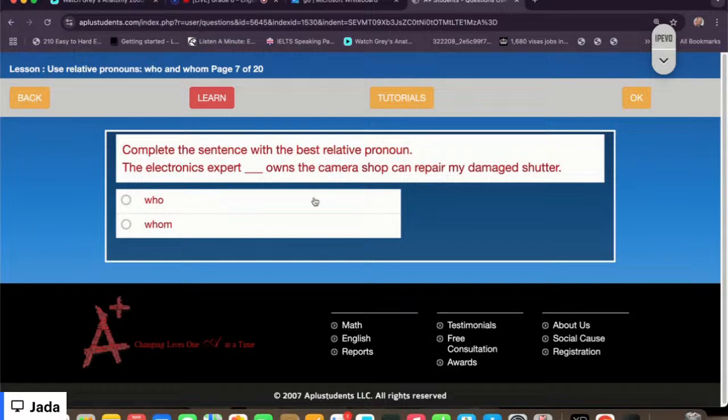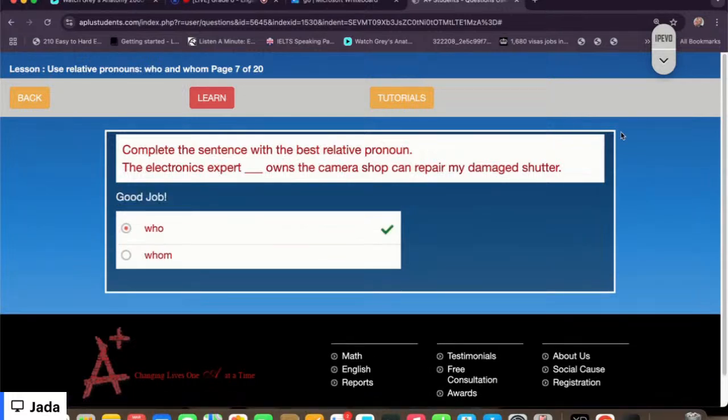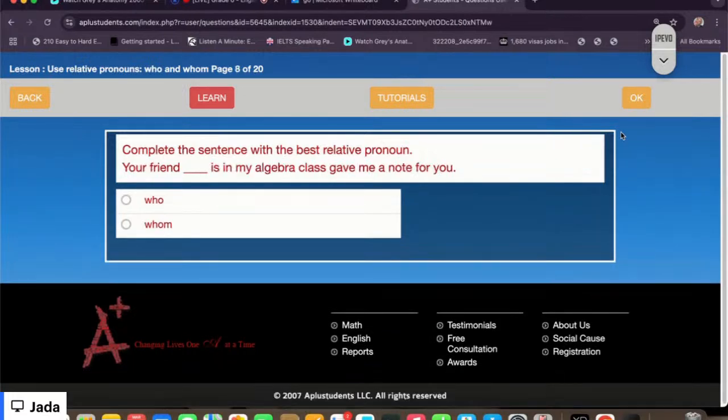So here we can say what? Who, saying that he owns the camera shop if we want to restate.